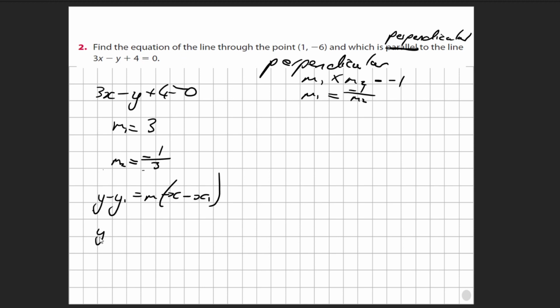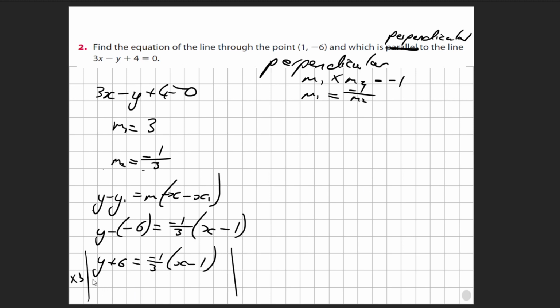So, y take away negative 6 equals negative 1 over 3 times x take away 1. So y plus 6 equals minus 1 over 3, x minus 1. What I'm going to do next is multiply both sides of the equation by 3 to get rid of this denominator here.